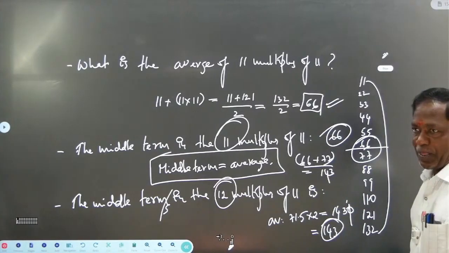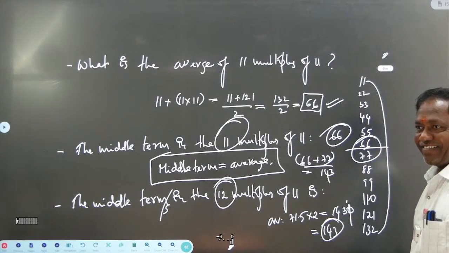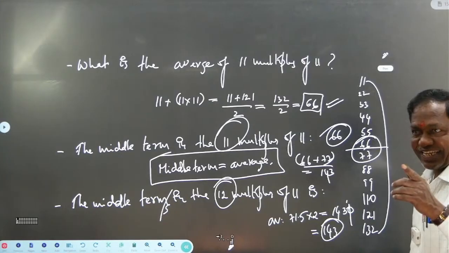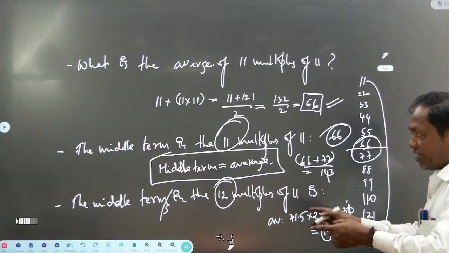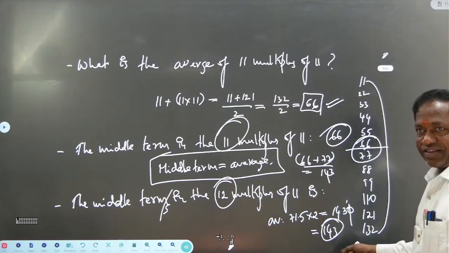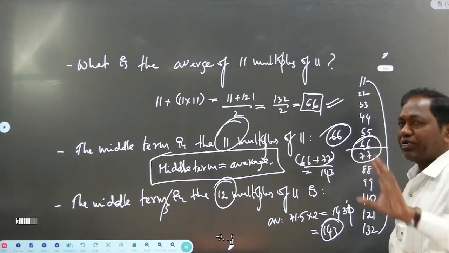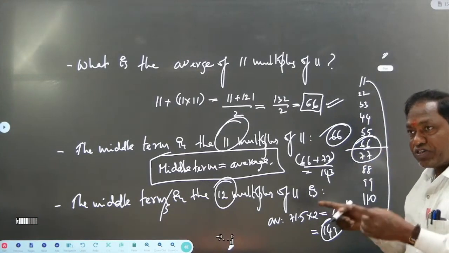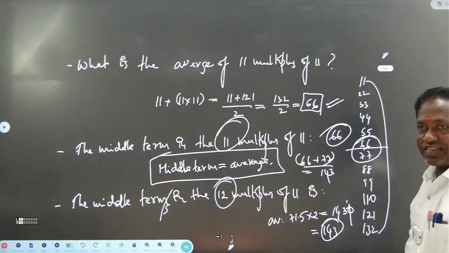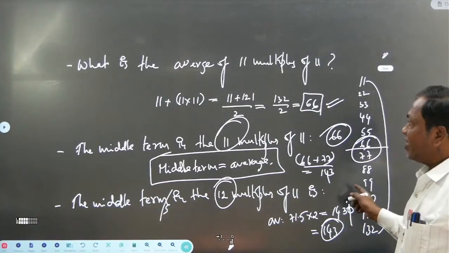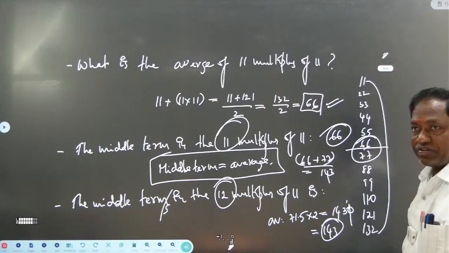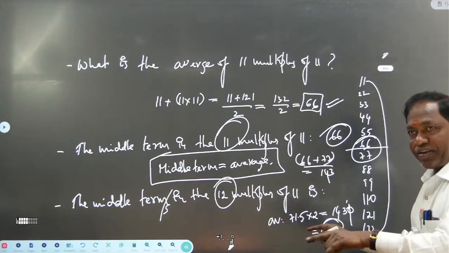But how do you get the numbers without writing them out? If there is an odd number of observations, you get that number straight away. But when the observations are an even number, you have to take the sum of two numbers, a pair, that is 143.